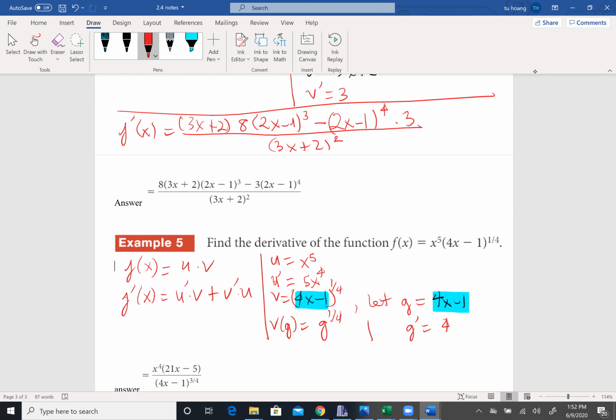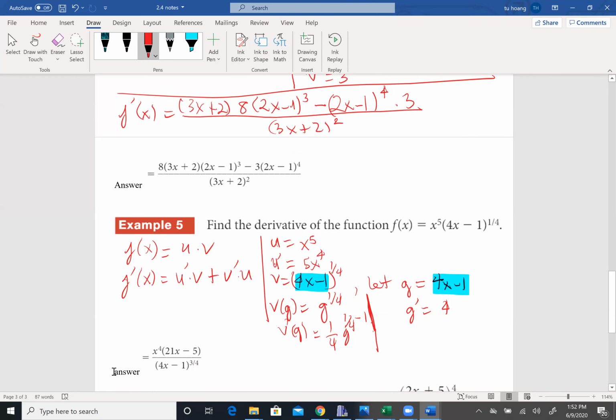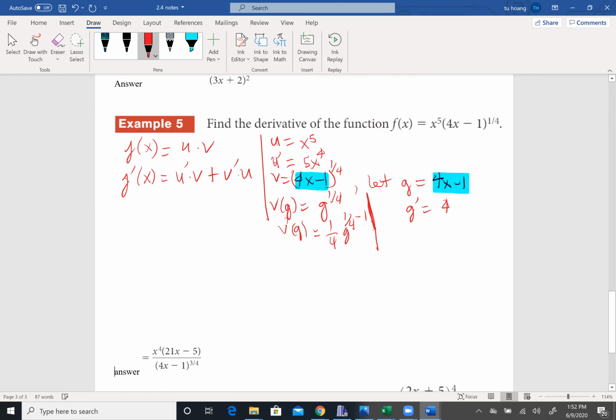So now the derivative of v with respect to g will be equal to 1/4 g to the power 1/4 minus 1, which is g to the power negative 3/4.